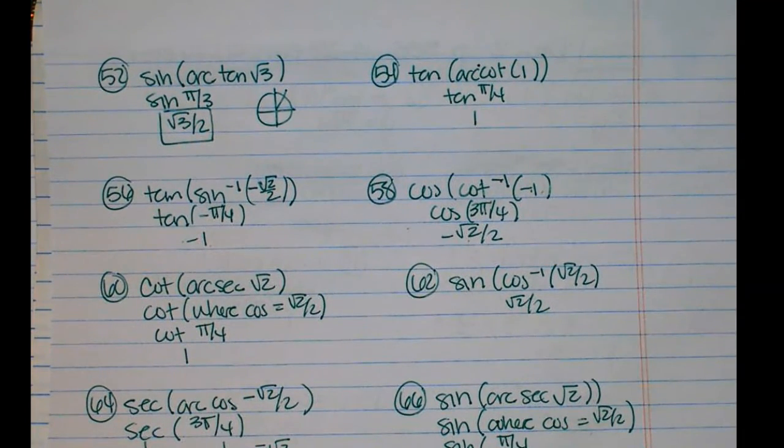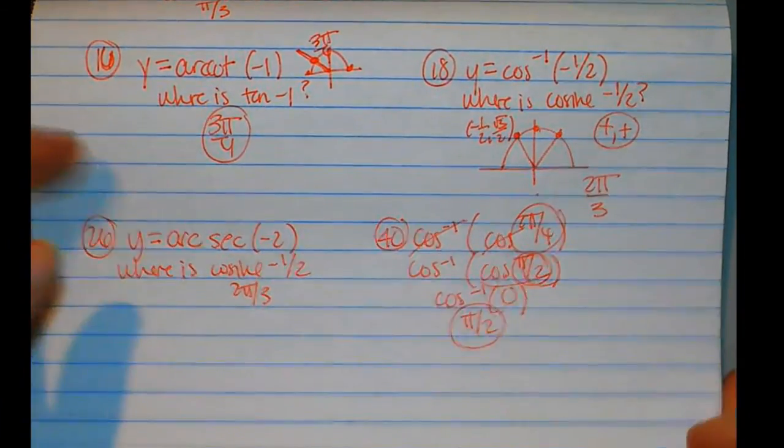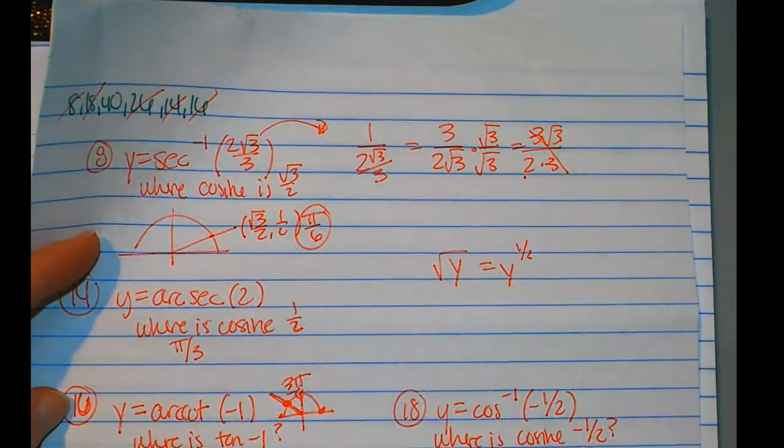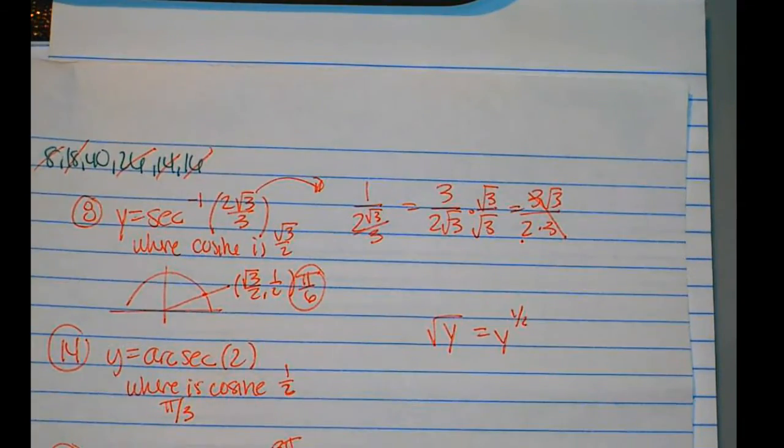Ben. Good question. So I get that when you have cosine and then secant, you just flip it. It's already a fraction, you just flip it. Right. And then the other one when we did arc secant, it was -2 and then it became -1/2. That makes sense. But how come for 16 when it was -1, it was tangent is -1/3? Okay, so -1 flipped over is still -1.